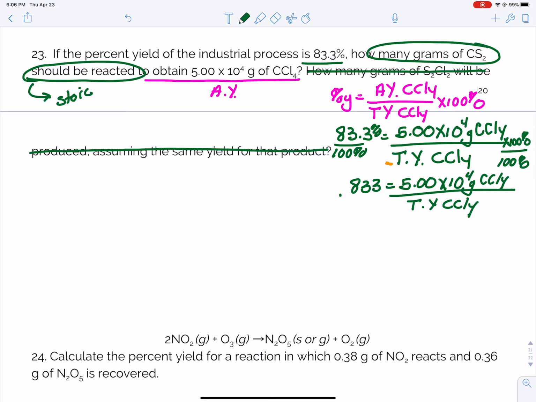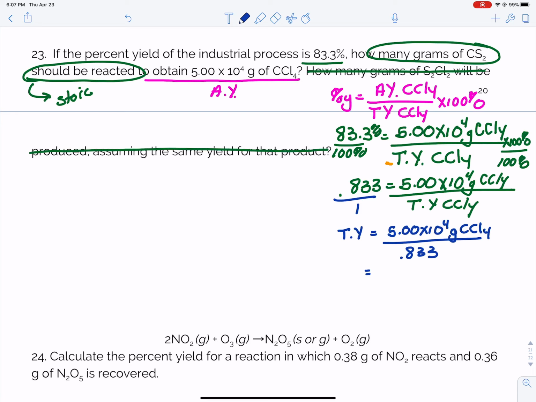This is a problem that students have a difficult time solving mathematically. There are many different ways to solve it. It doesn't matter how you solve it. You just need to solve it correctly. So you can cross multiply here, but basically to solve for your theoretical yield, you would take that 5.00 times 10 to the positive 4 grams of CCl4 and divide that by 0.833.